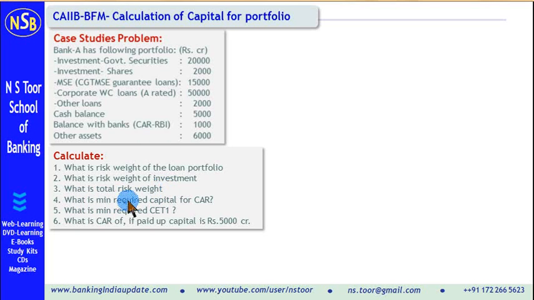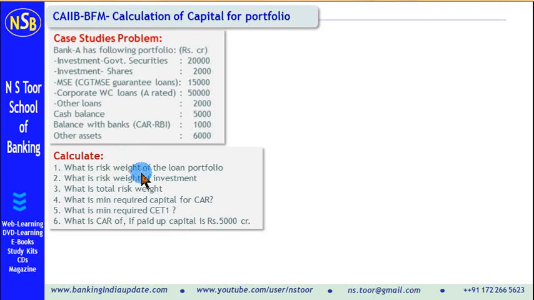Fourth, what is minimum required capital for meeting capital adequacy ratio? Fifth, what is minimum required common equity tier 1 capital for capital adequacy ratio? And last one is, what will be capital adequacy ratio of the bank if paid up capital is 5,000 crore rupees? So this is the information given to us, and these are the questions which we are to solve.